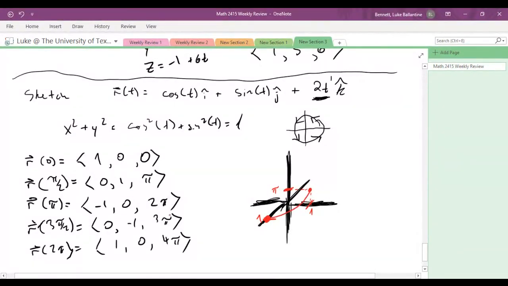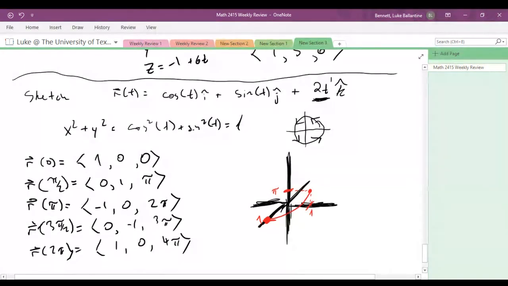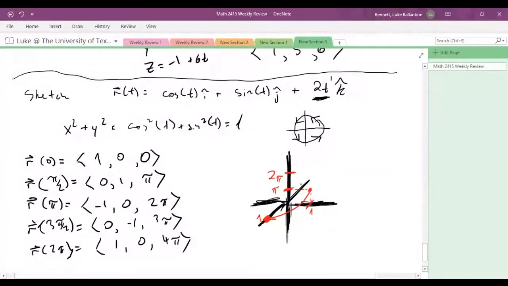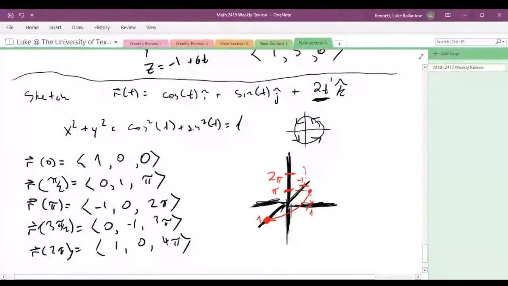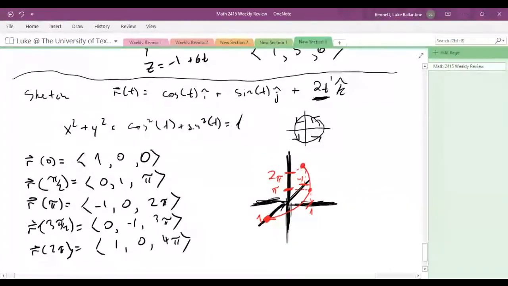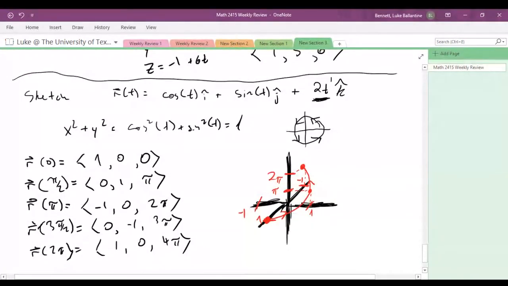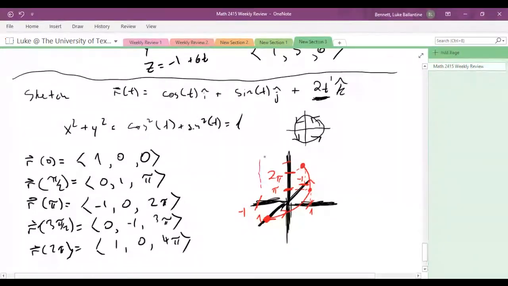Okay, now at t equals pi, we traveled up to 2 pi, and then we're on the negative side of x. So you can see it's like a staircase, it's going up. And then we got 3 pi over 2, we got -1, we got 0. It's a helix, that's what you call it.